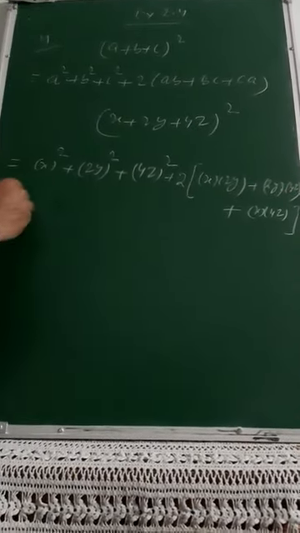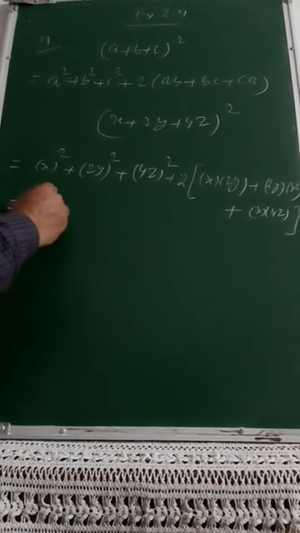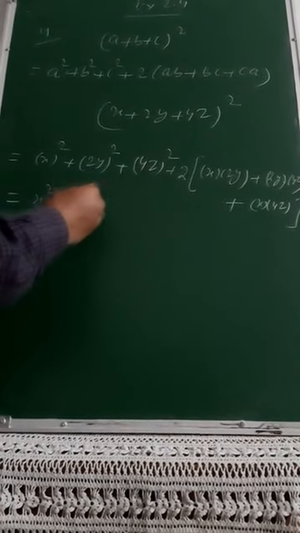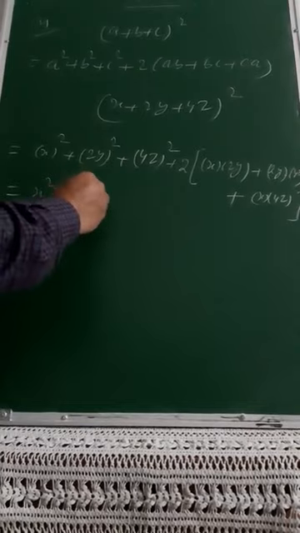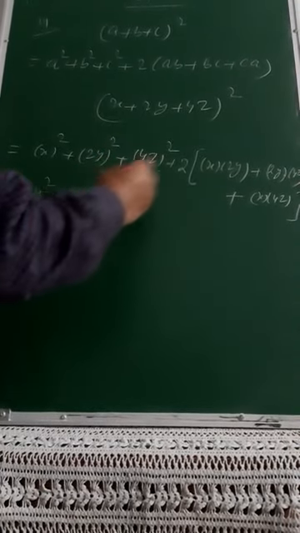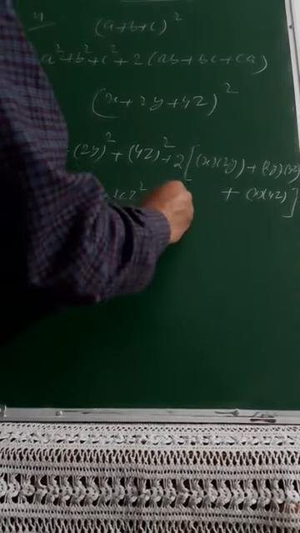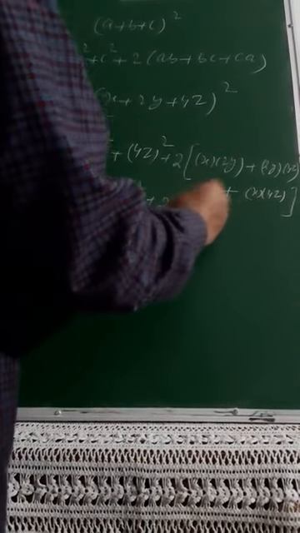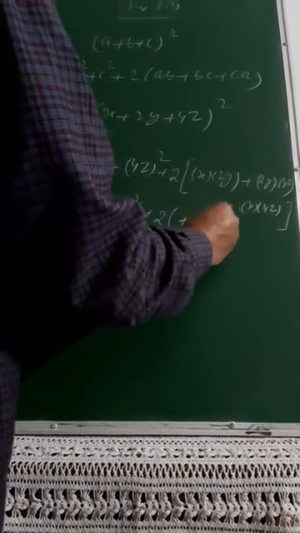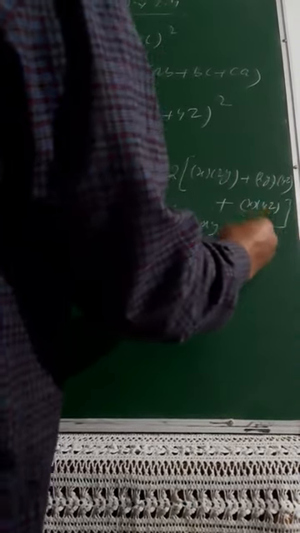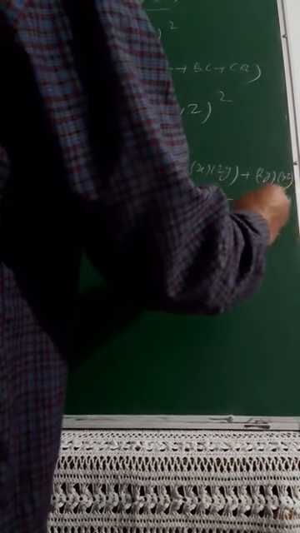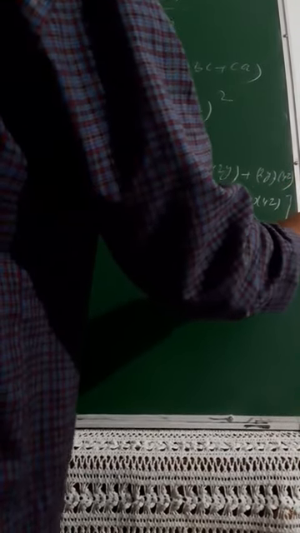So then x square, 2 square is 4 so 4y square, then 4 square is 16 z square, and plus 2 inside the bracket: 2xy, 8yz, and 4xz.